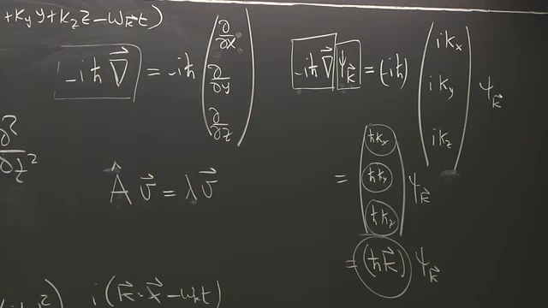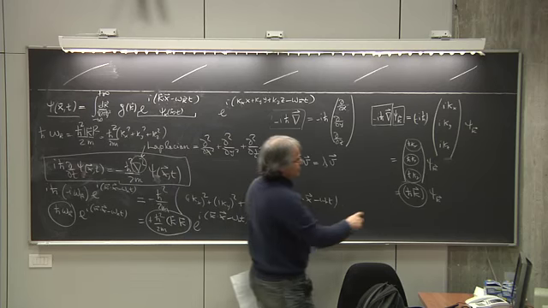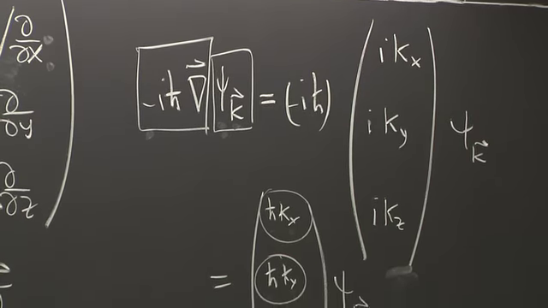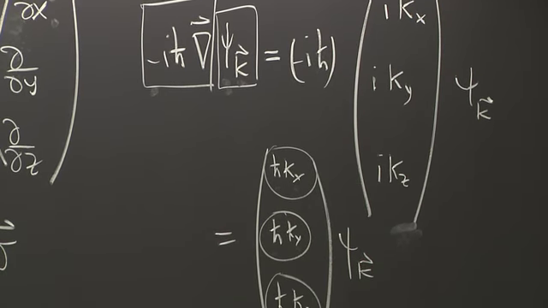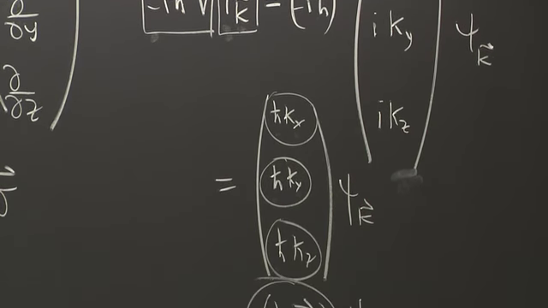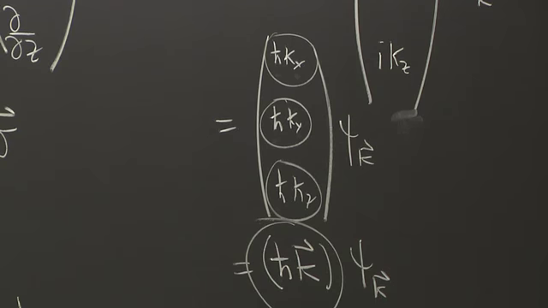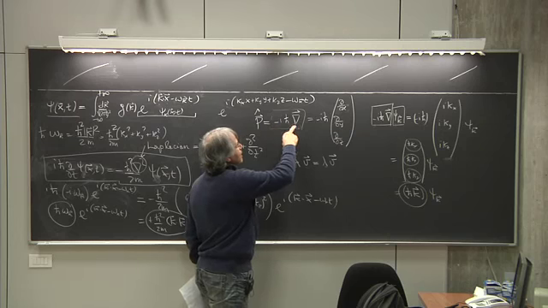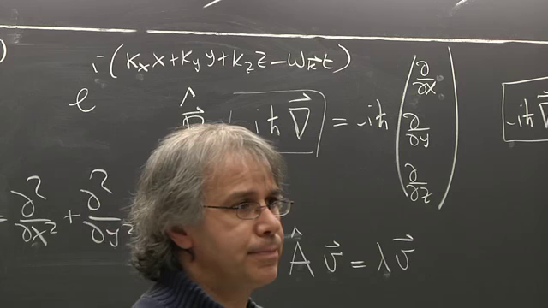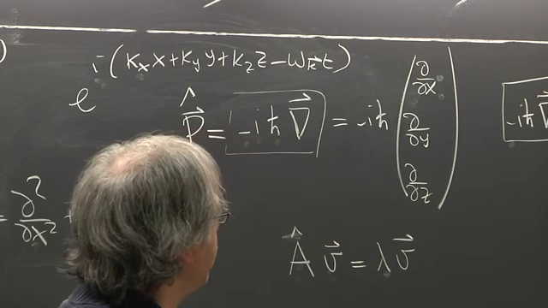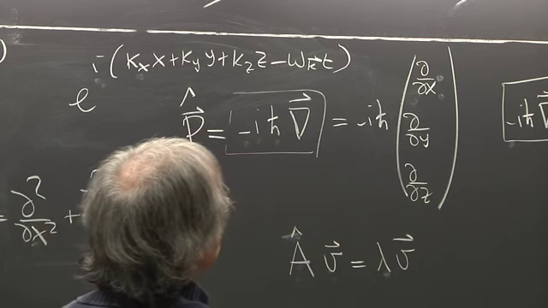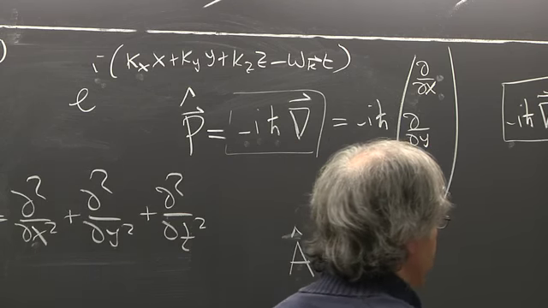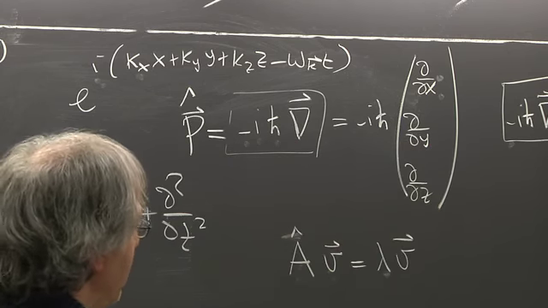Okay? So it is very natural, since we said that h bar k is a momentum, to call this the momentum operator. Okay? So for us, from now on, the momentum operator is just a 3-component vector, which is minus i h bar the gradient. All right? Very good. And the eigenfunctions of the momentum operator are the plane waves with eigenvalue h bar k.